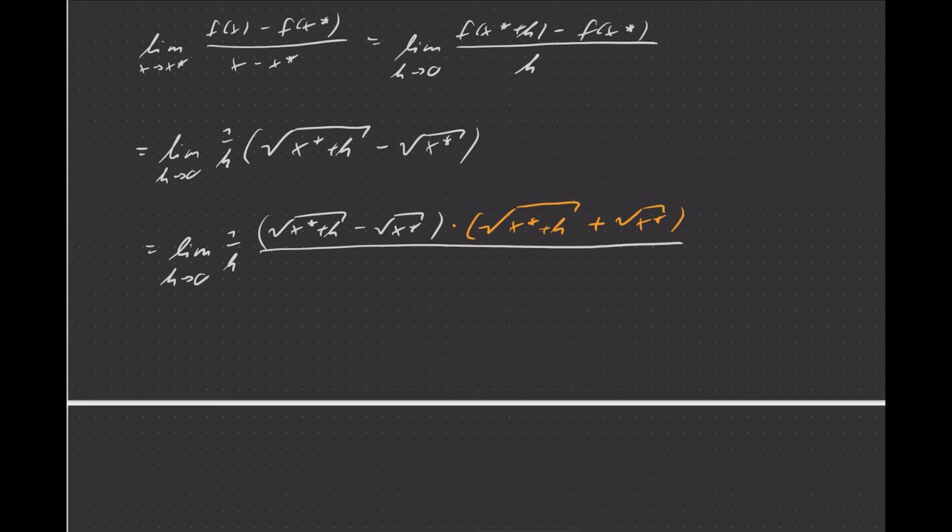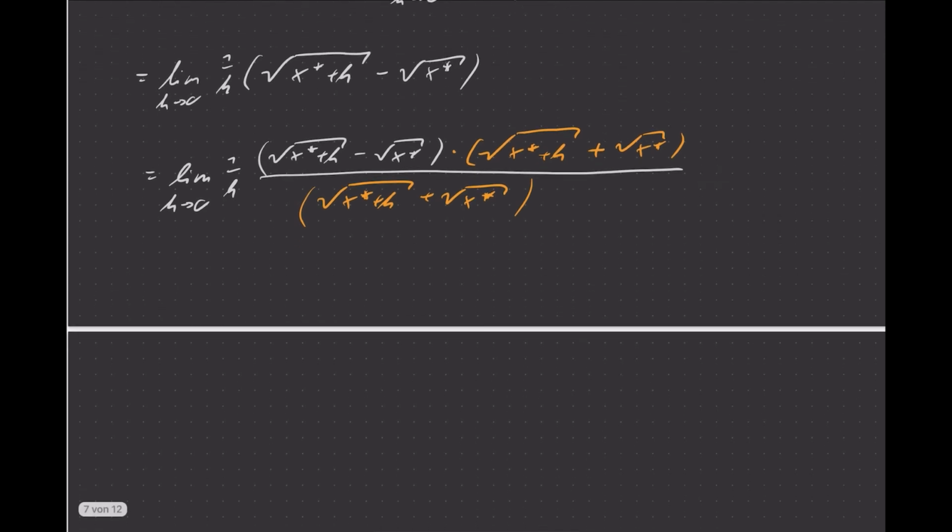So in effect, we multiply this whole thing by 1. And you'll hopefully remember why we did this. We did this because we can apply the binomial formula to this expression here. And that will yield this expression squared minus this expression squared. And of course, that squares will get rid of these square roots. So that's the whole point behind this manipulation.